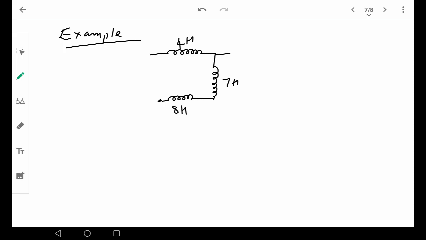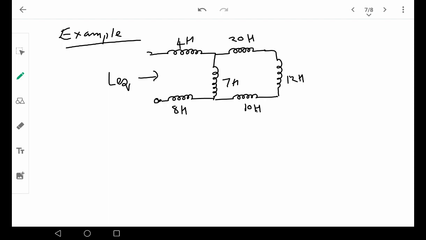Then you have a 20 Henry here. Again a 12 Henry. Then you have a 10 Henry here. So you have to find out the equivalent from this terminal.